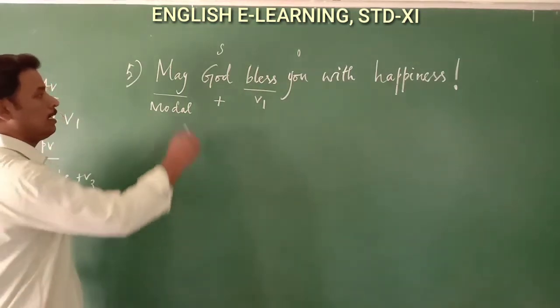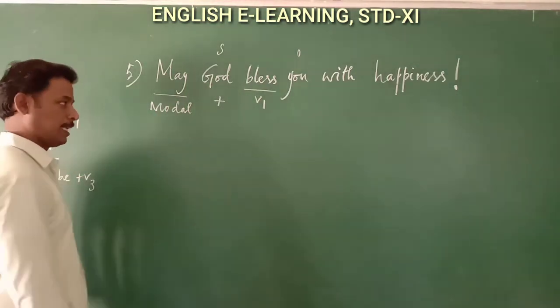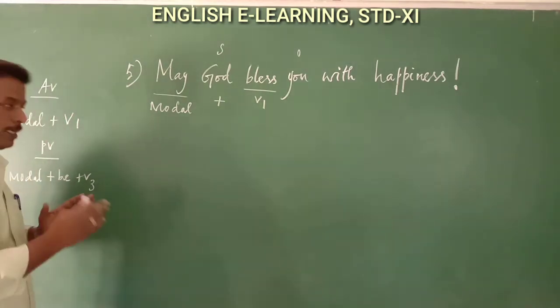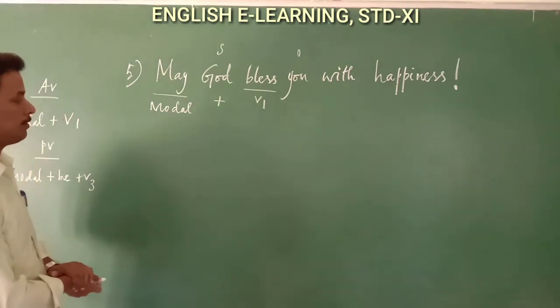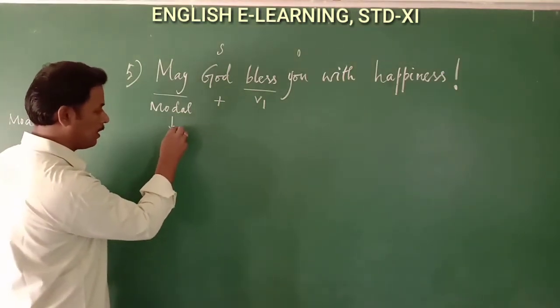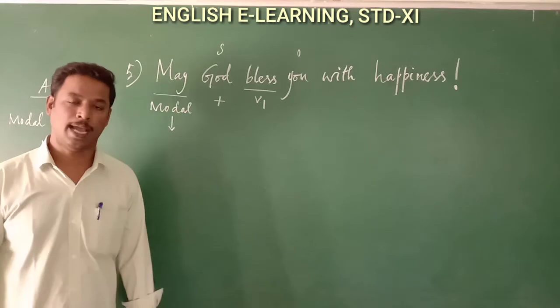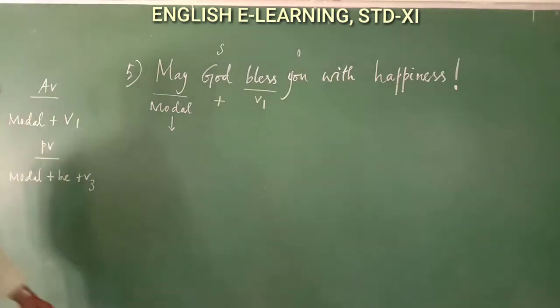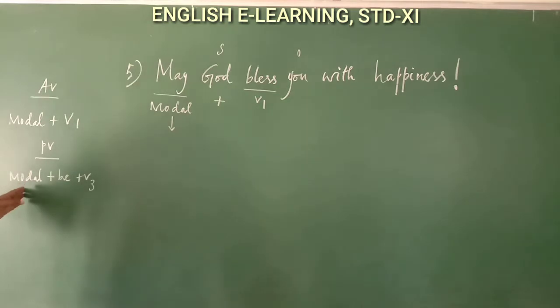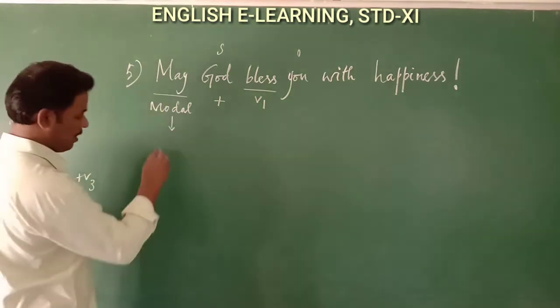In order to change this sentence into passive construction, we should maintain the pattern as it is in the active voice. So we should use the same modal verb. We can use the same modal may here.